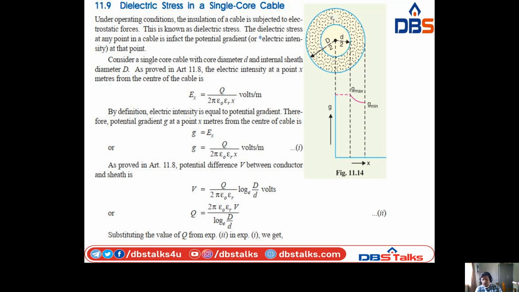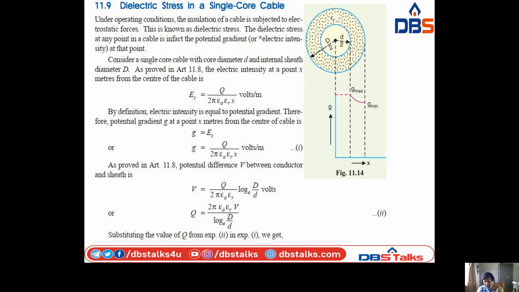So now we know the potential difference between conductor and sheath. V is equal to Q by 2 pi epsilon naught epsilon r log capital D by small d, as per the last derivation. Therefore, from that we get Q is equal to 2 pi epsilon naught epsilon r V by log capital D by small d, taken as equation 2.